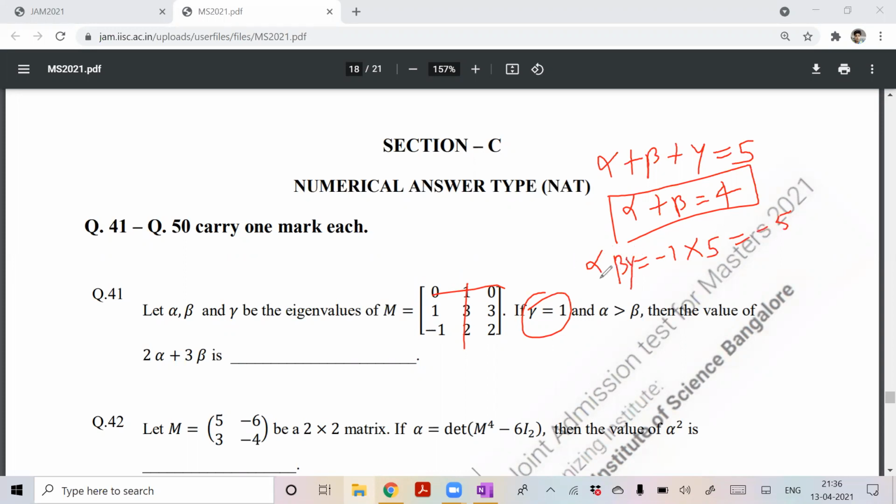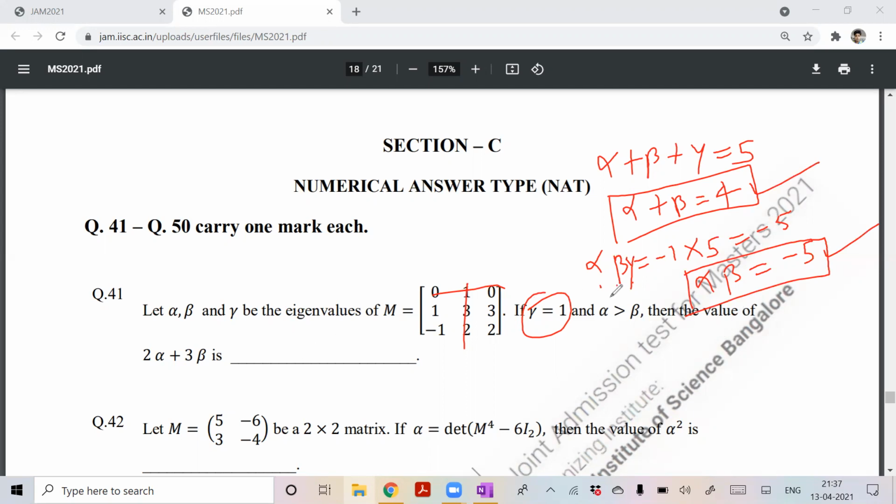So the product of eigenvalues is equal to the determinant of the matrix. Alpha into beta into gamma will be equal to the determinant of M, which is minus 5. And gamma is 1, so alpha into beta is equal to minus 5. Now the sum of two numbers is 4, and the product is minus 5.